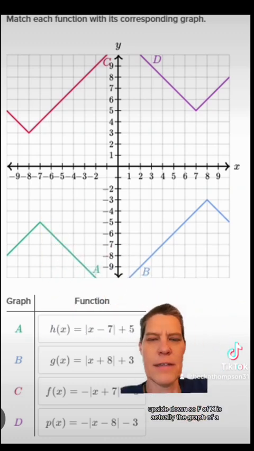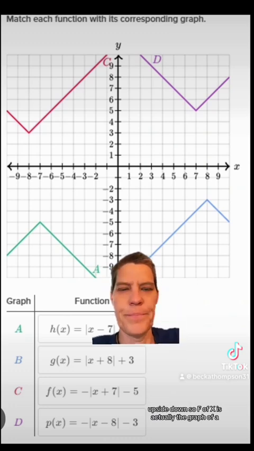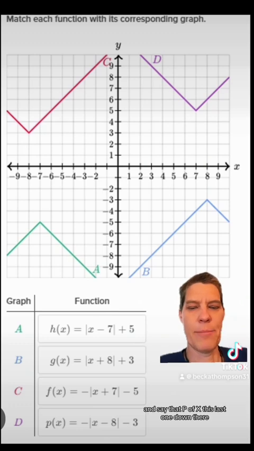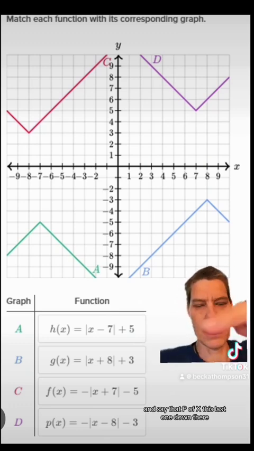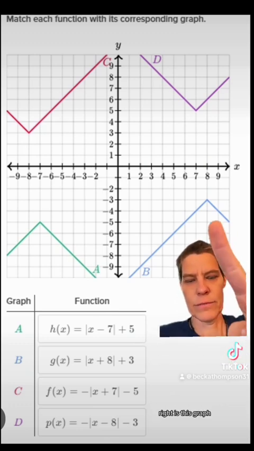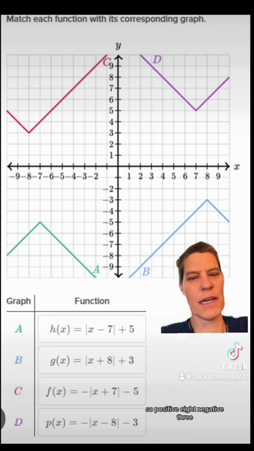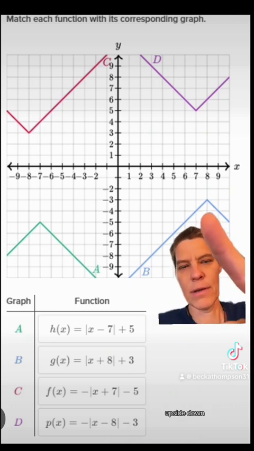So f of x is actually graph A. By process of elimination, p of x, this last one down there, is this graph. Or you can analyze it and say negative 8 means positive 8, negative 3 is negative 3. So positive 8, negative 3, upside down. Boom. There it is. The point of this lesson is to swap these things out quickly.